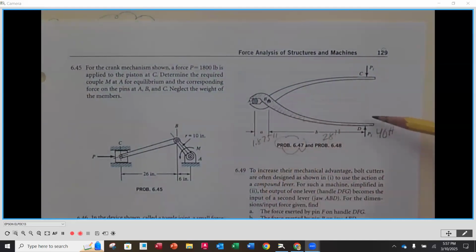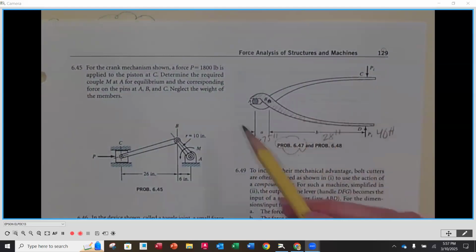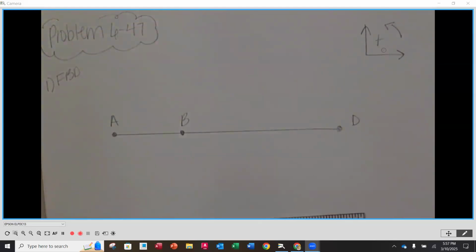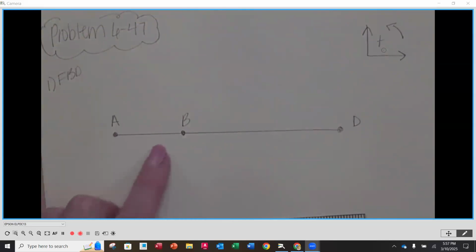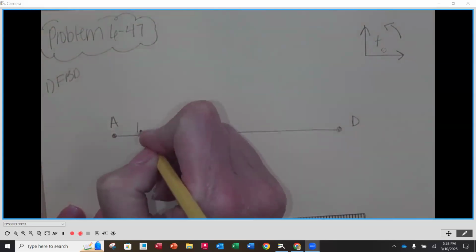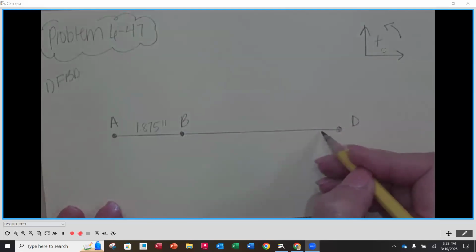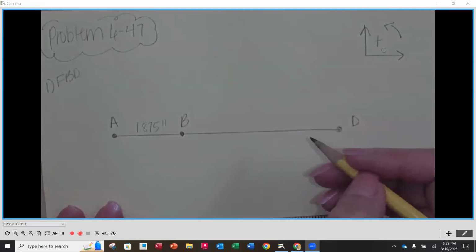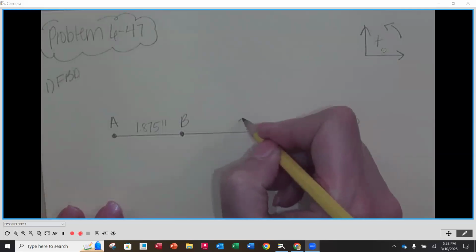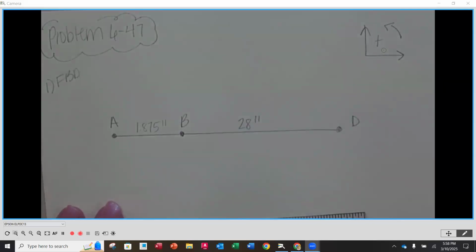We can move this point D along its line of action up to what would be a horizontal line going all the way through. So that's how I am modeling this, okay? Now the dimension between A and B is 1.875 inches. The dimension between B and D is 28 inches.